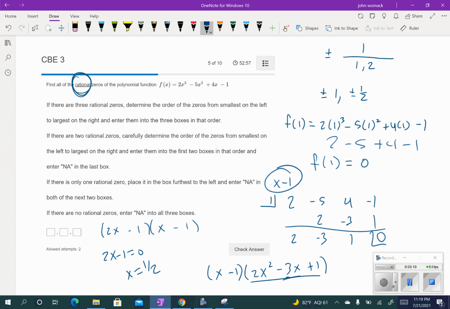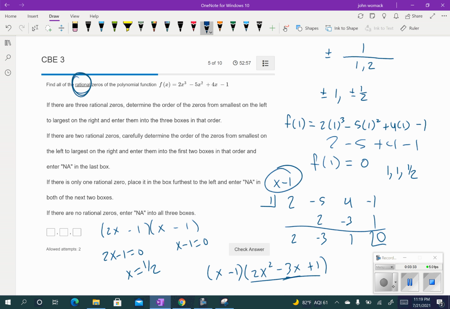Hey, that was one of my rational zeros up there, right? x minus 1 equals 0, so you add the 1 over. So I got 1 again, actually, so 1 is repeated twice. So it looks like my zeros are 1, 1, and a half.